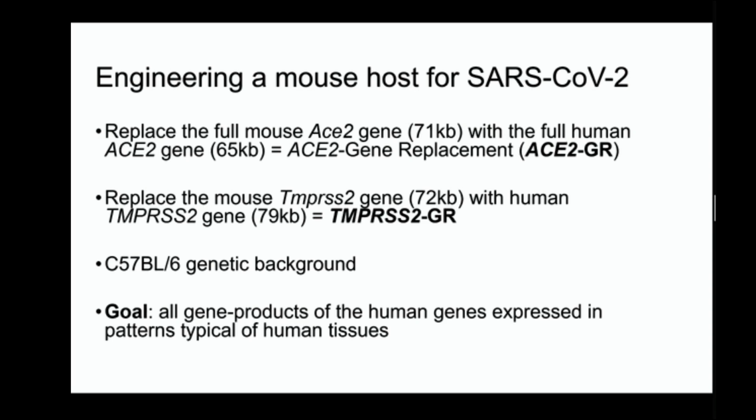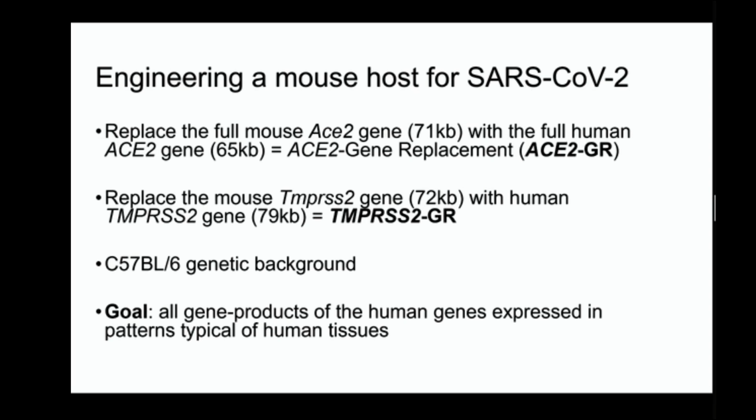So our goals at the beginning of this project then is replace the mouse ACE2 gene, which doesn't support SARS infection, with the full human gene. The mouse gene is 75 kb long in the mouse genome, with the human equivalent being 65 kb. So that was that target. The other then is a modifier of infection. The mouse TMPRSS2 gene is functional.